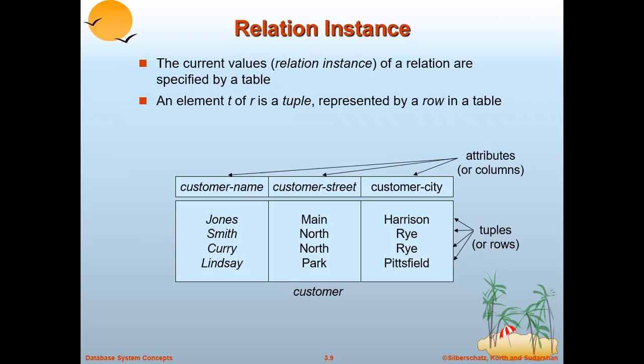For example, customer is a relation, small r, which will have attributes or columns, that is customer name, customer street, and customer city. So Jones, Main, Harrison will be an element t of r, that is one tuple of r. And this is called a relation instance. The current values of a relation are specified by a table.